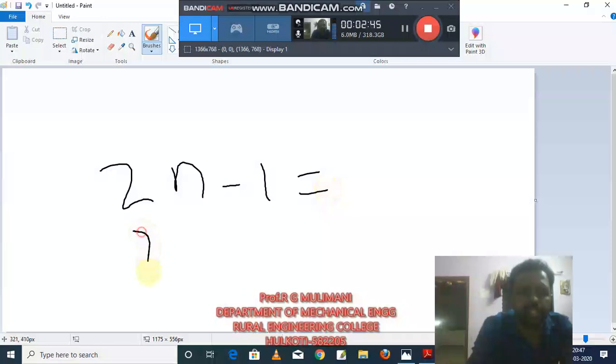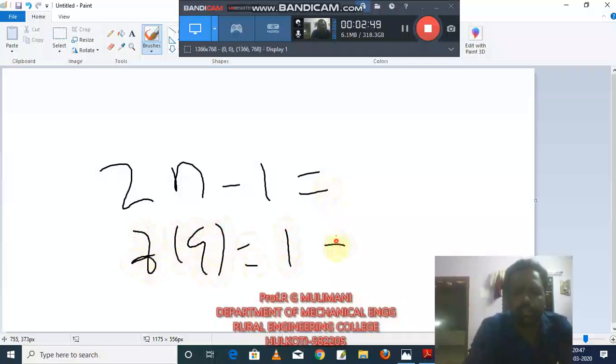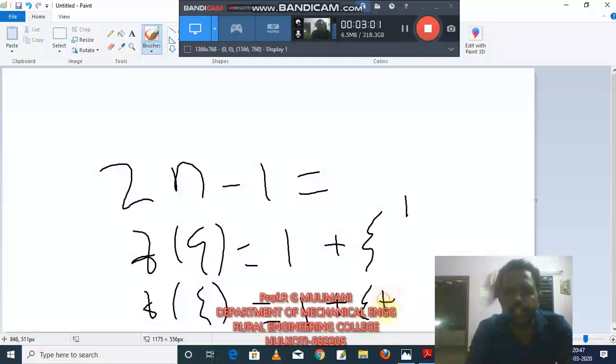For example, if the function is 1 plus zeta, here the order of the polynomial is 1. One more equation I will write here, 1 plus zeta square. Here the order of the polynomial is 2.